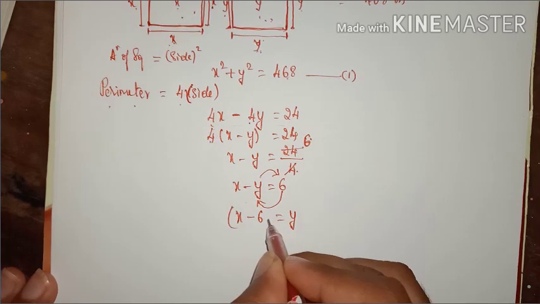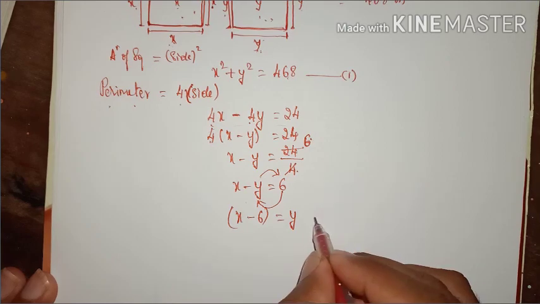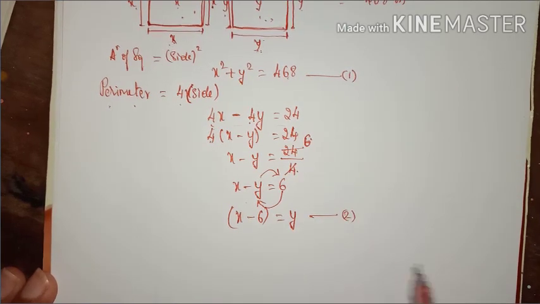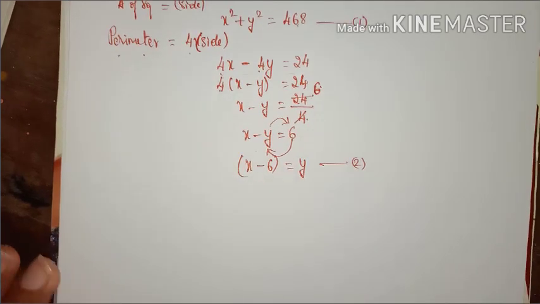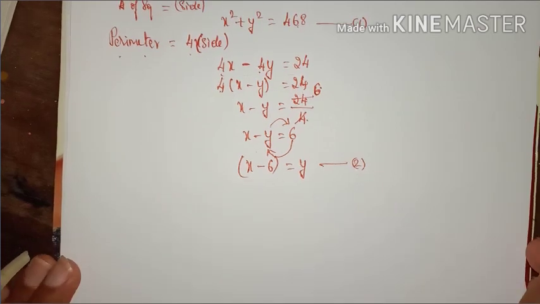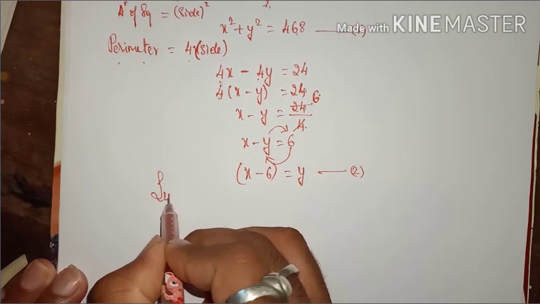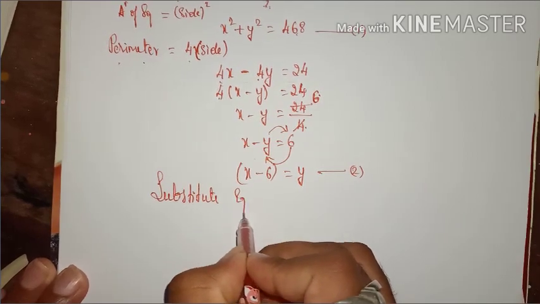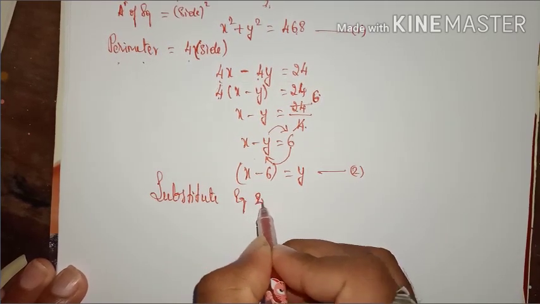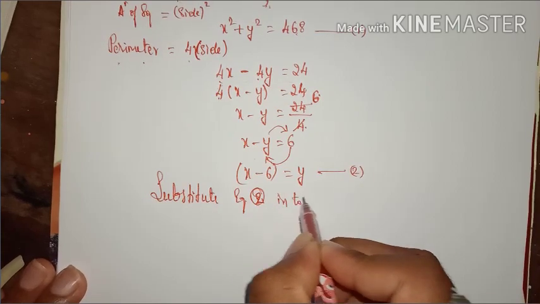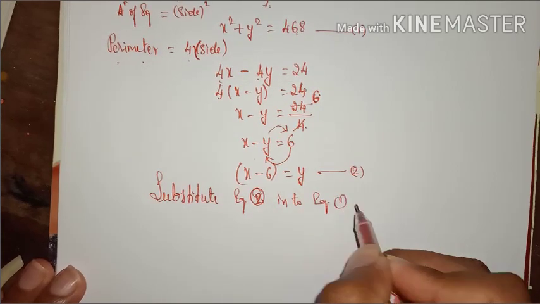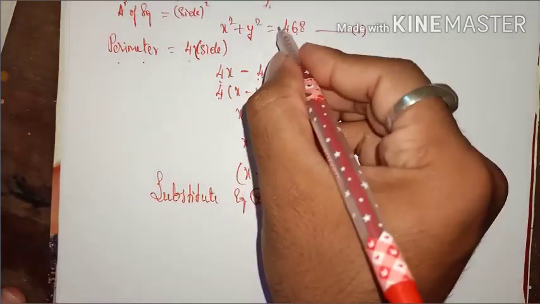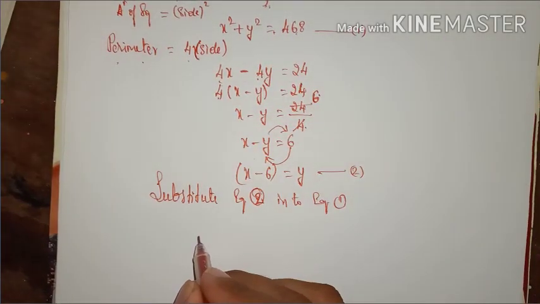What is the y value? That is x minus 6, isn't it? I take that as equation number 2. Then I will substitute equation 2 into equation number 1.